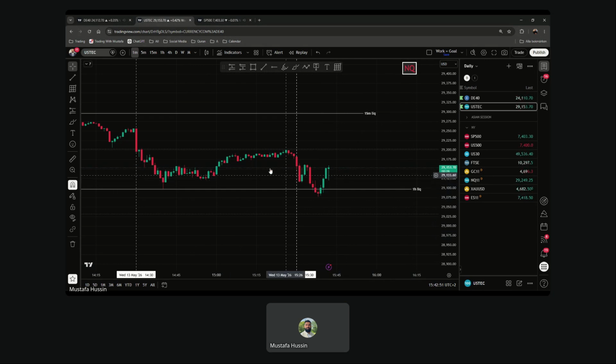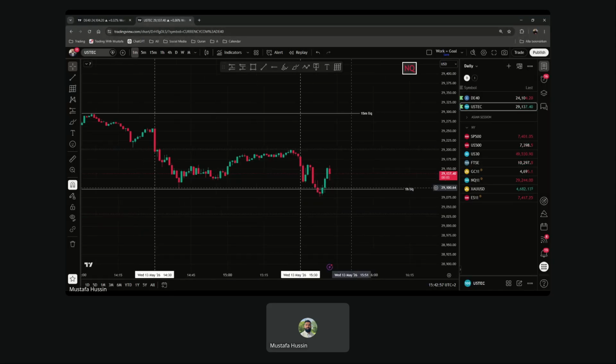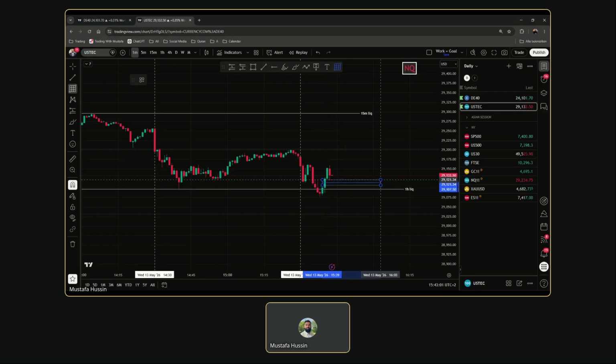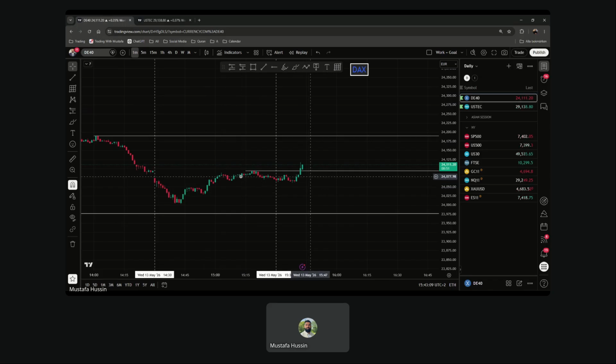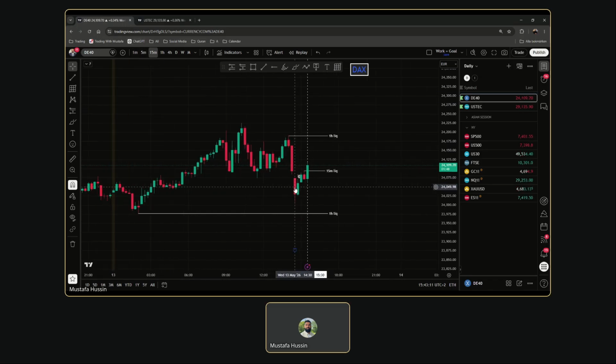Right, the DAX. It just tapped into the... I'm going to focus on NASDAQ right now. The DAX just swept liquidity to the upside.